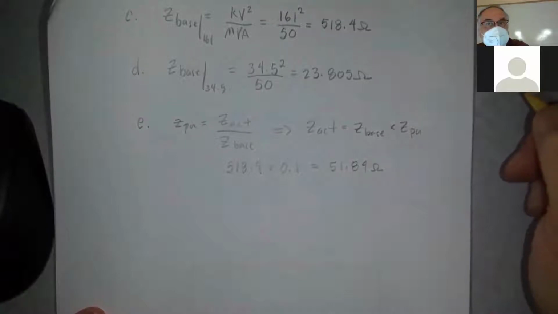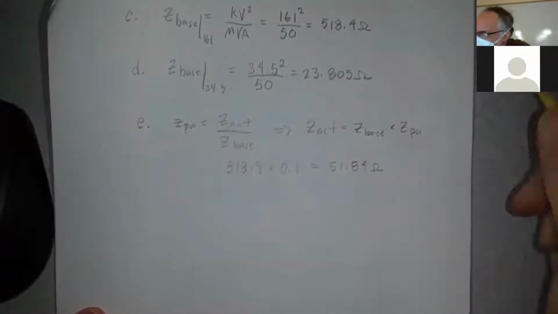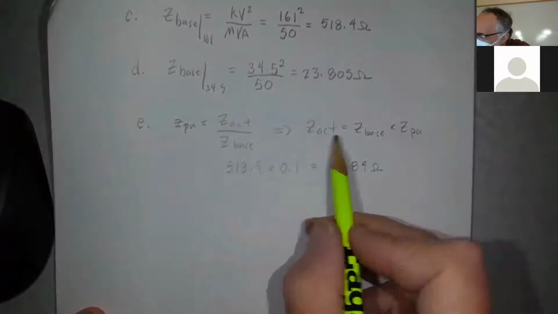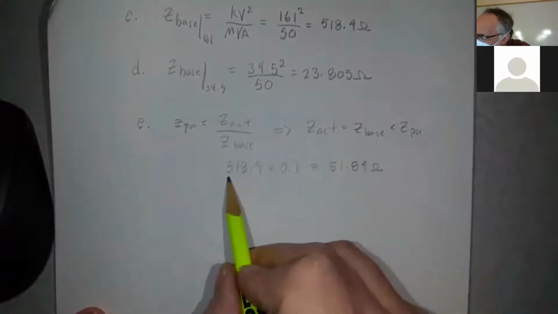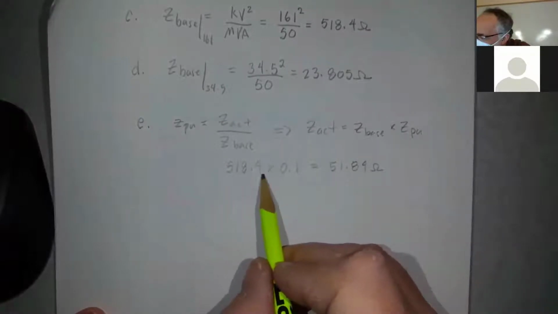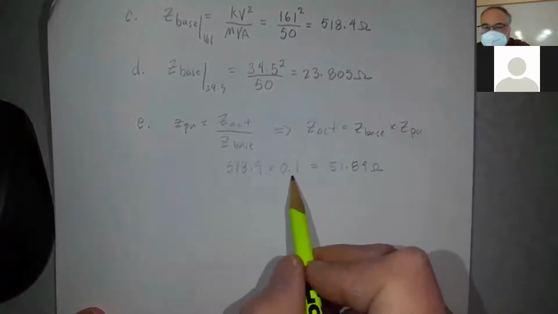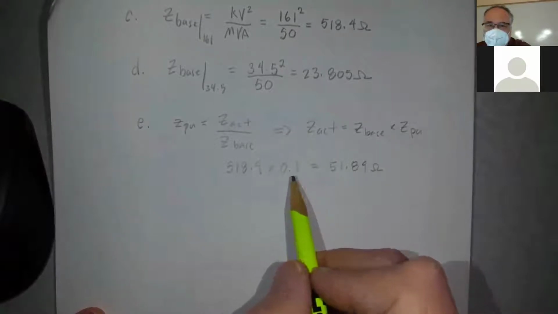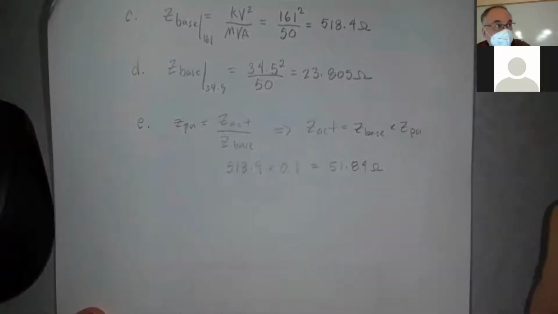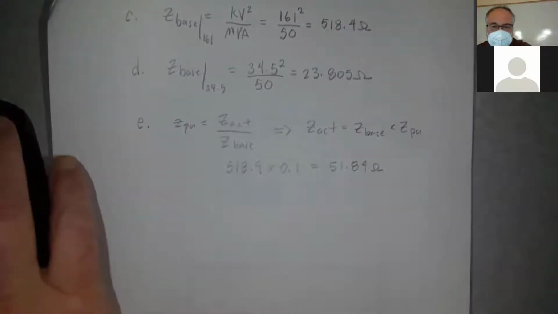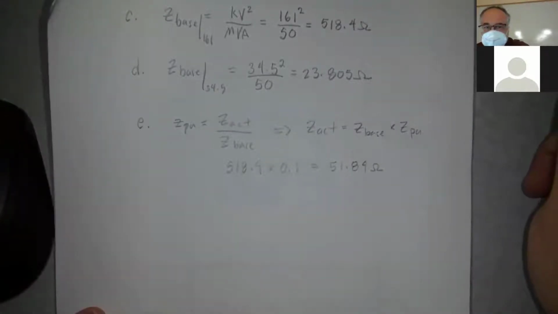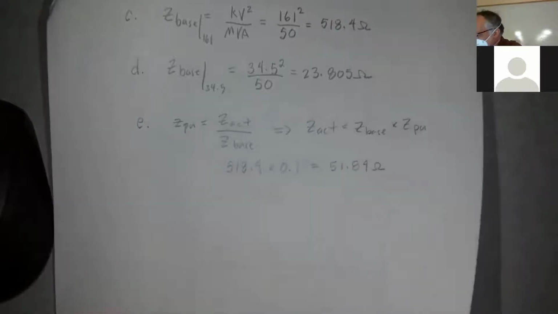Everyone see that? We're taking Z actual equals Z base, 518.4 times the per unit value. 10% is 0.1 in per unit, right? Any questions on that? So that was E.